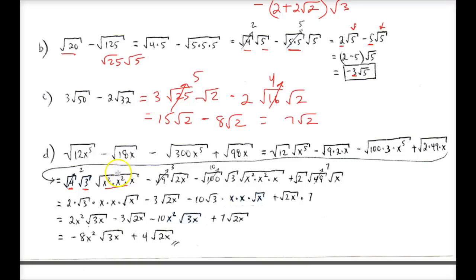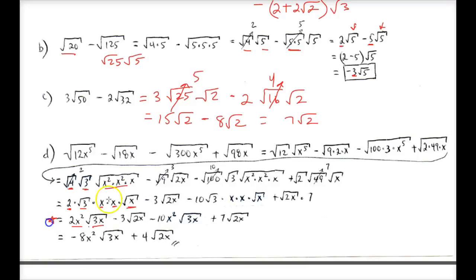And so from there, just working on that term, we know that square root of 4 is 2, square root of 3 stays by itself. Since we have square root of x squared, for every 2 factors of x we see, we pull 1 out. So we have 1, 2 there, and have a square root of x left. And then, of course, this simplifies to 2x squared times square root of 3x. So everything that's on the outside we multiply together, everything that's on the inside of the square root we do together.